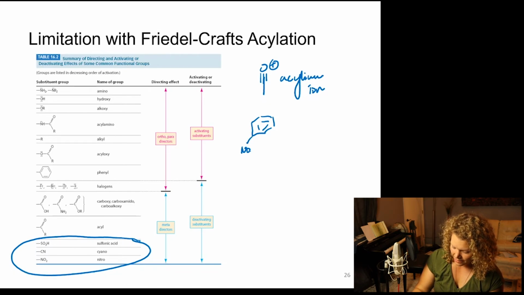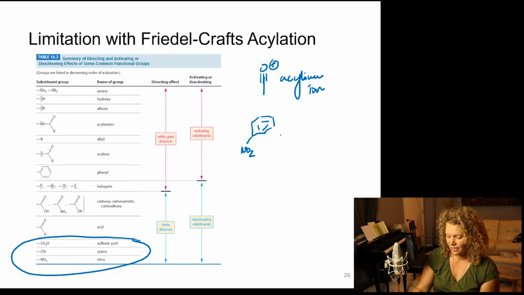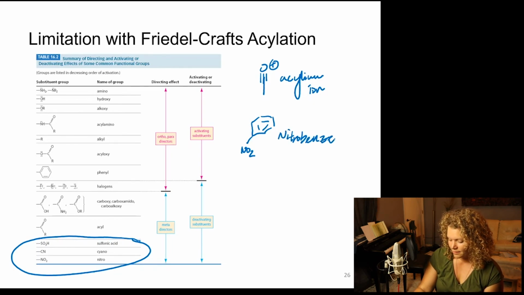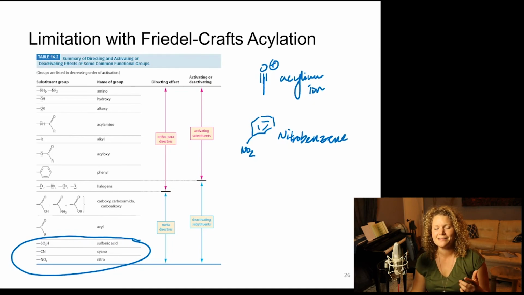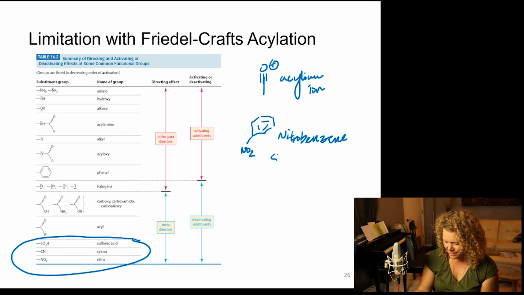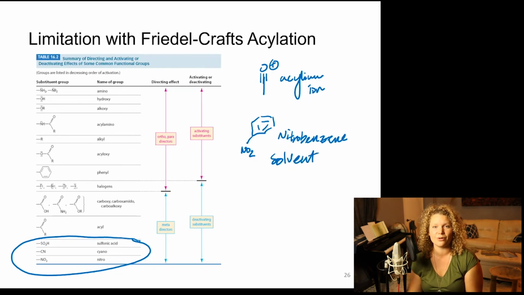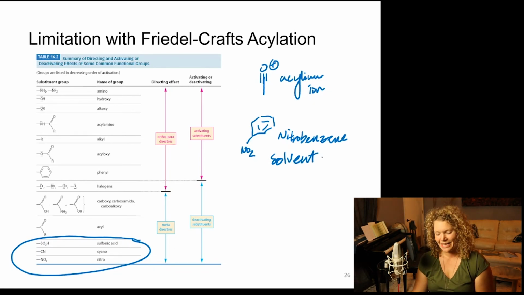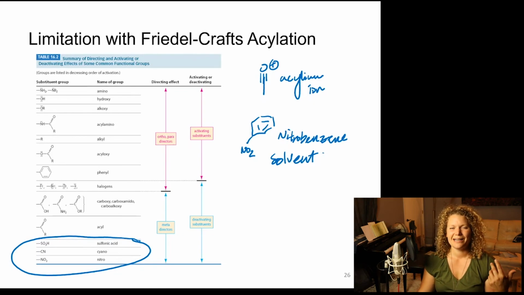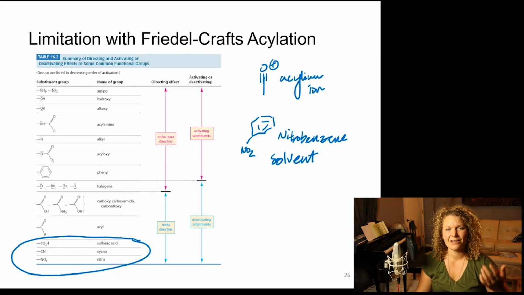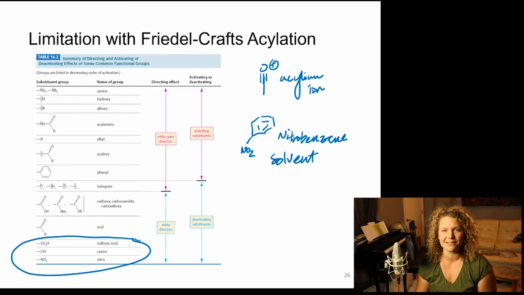One thing that's interesting to note is that in these reactions, nitrobenzene is commonly employed as a solvent. And so this tells you right there that it is used as a solvent for many Friedel-Crafts acylation reactions, and this is interesting because we know that nitrobenzene is too deactivated to react in Friedel-Crafts acylation reactions.